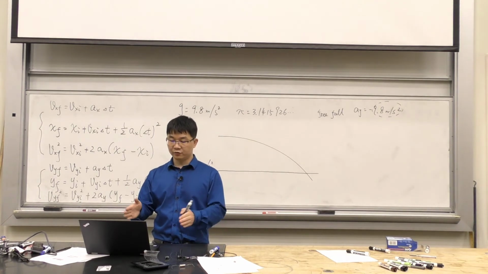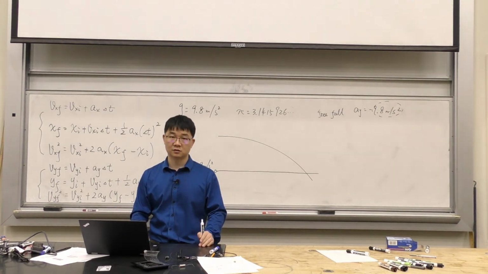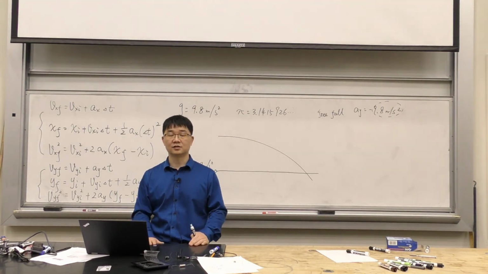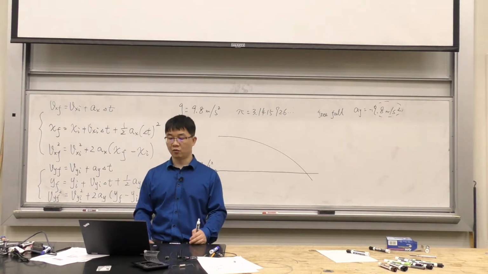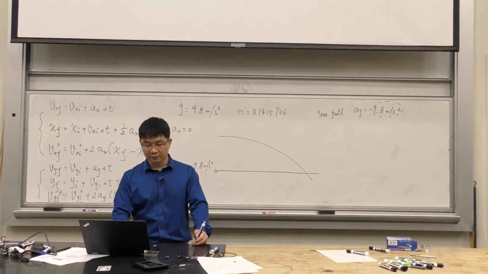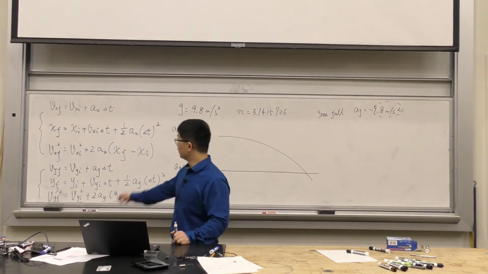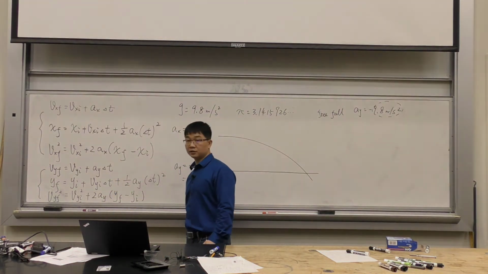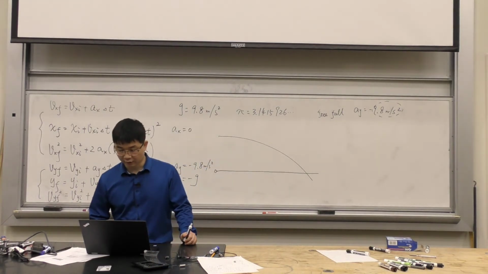If you break it into x and y components, it's very clear they're just uniform motion and free fall. So we're still going to use the same theory we learned, the kinematic equations, to study projectile motion.